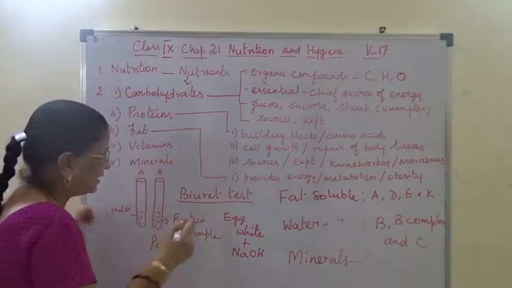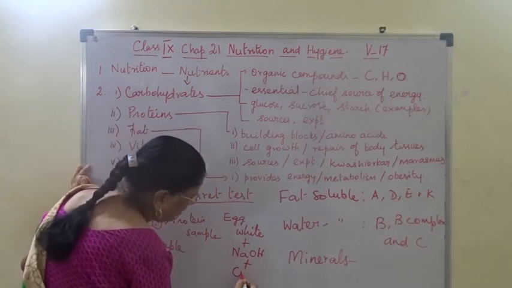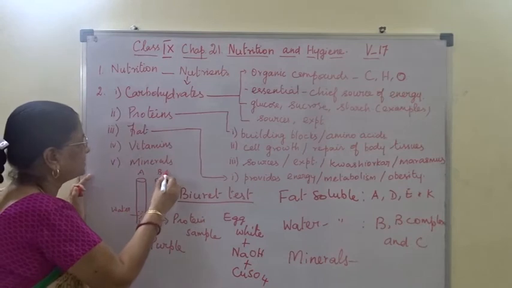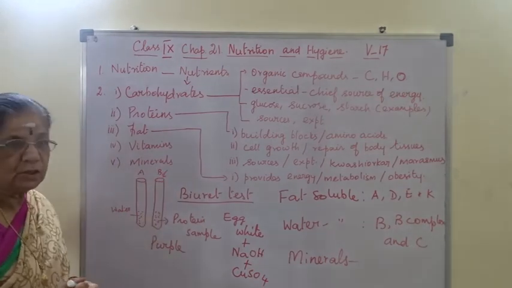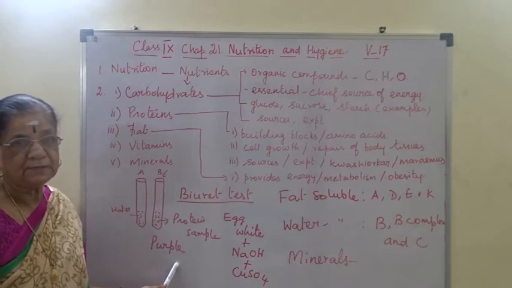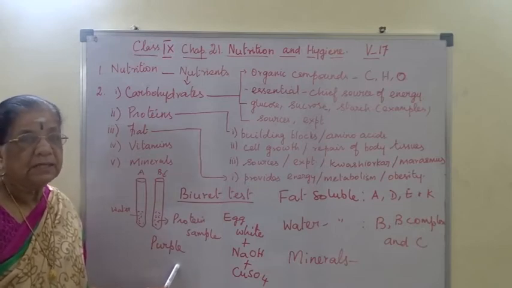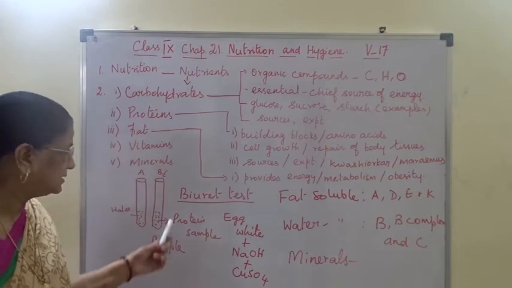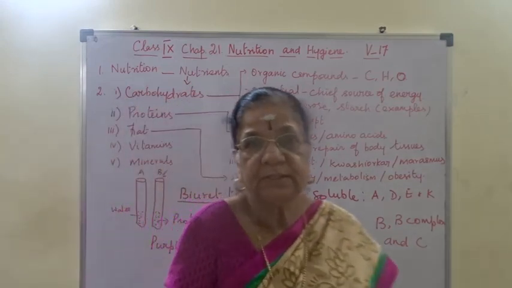Then you add copper sulfate solution drop by drop. When you add it drop by drop, the solution will become purple in color. That shows the presence of protein, and the test is called the Biuret test.